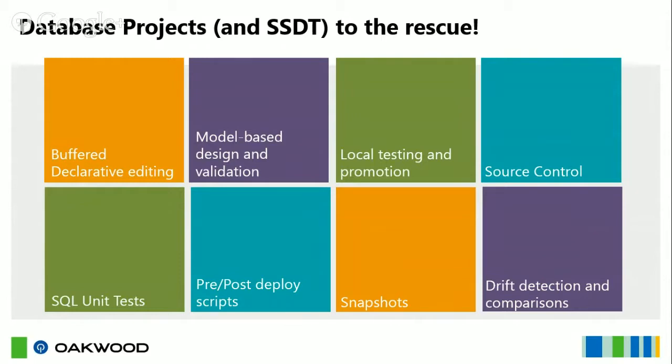So with these pre- and post-deployment scripts, you can generate your pre-scripts to, I don't know, disable a SQL job, disable a database trigger, what have you, and it gets compiled and prepended to your automatically generated script before it actually runs. The post-deployment script is the same way, just on the other side, it's appended.